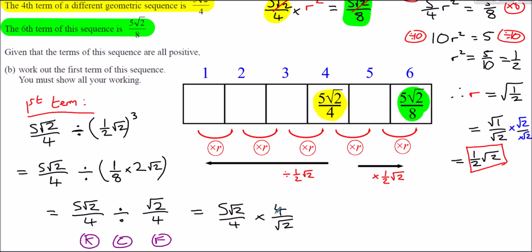So the 4 on the top and the bottom will cancel, as will the root 2 on the top and the bottom. And so we're just left with 5 multiplied by 1. So we just have 5 as our first term. Everything cancels, essentially, apart from the 5.